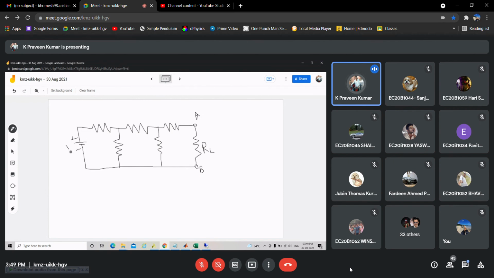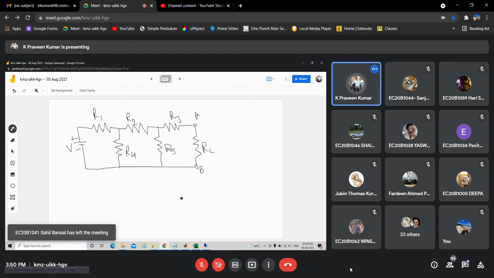Let us say this is a voltage source of value V, R1, R2, R3, R4, R5. So this is the circuit for your practice. So verify Thevenin's theorem for this circuit, right?